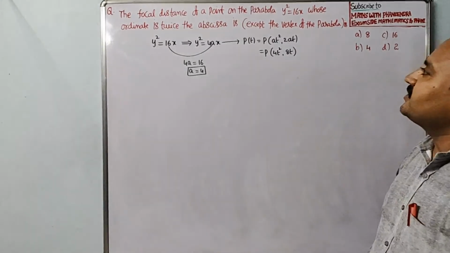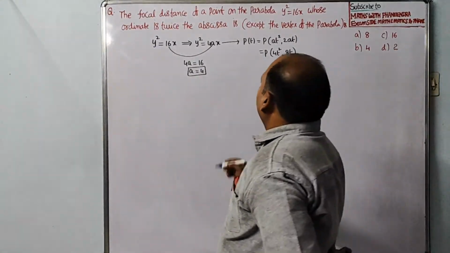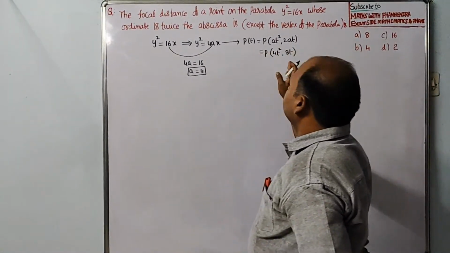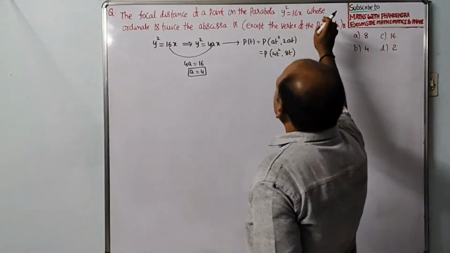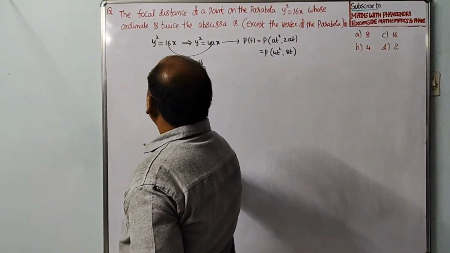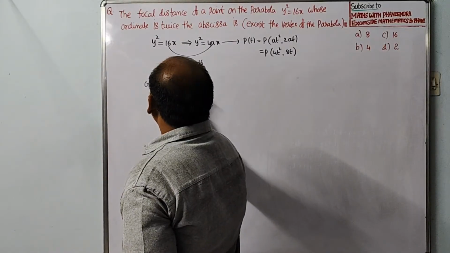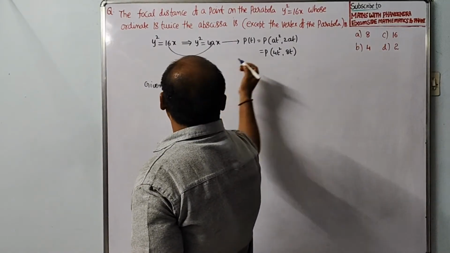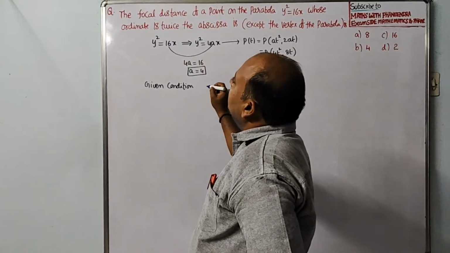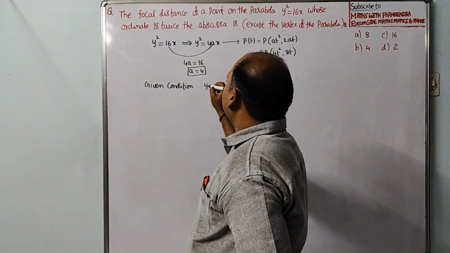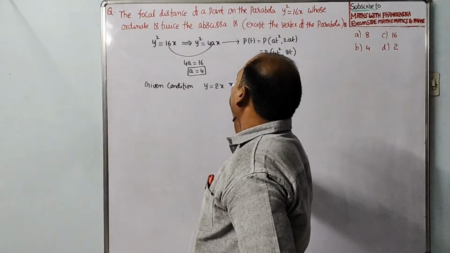Later, I think we cannot use this. We can use the given condition, whose ordinate. What is the given condition? Ordinate is twice the abscissa.